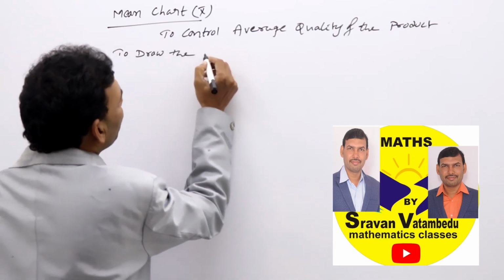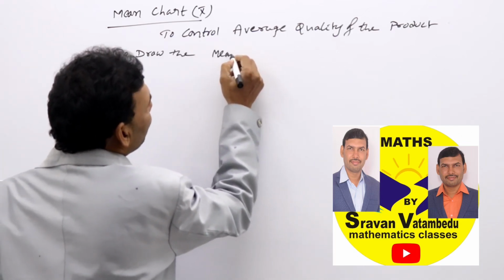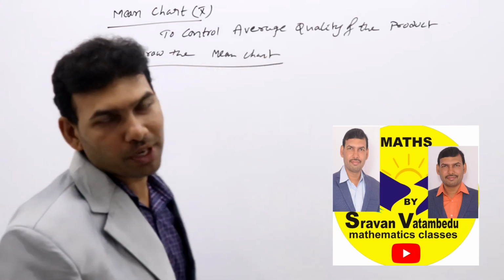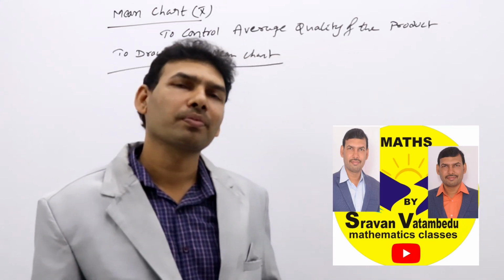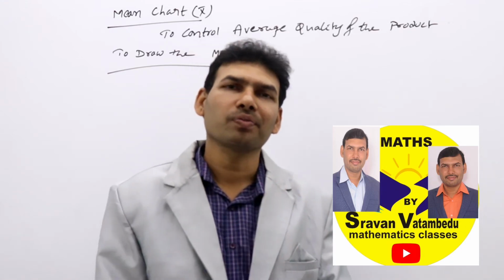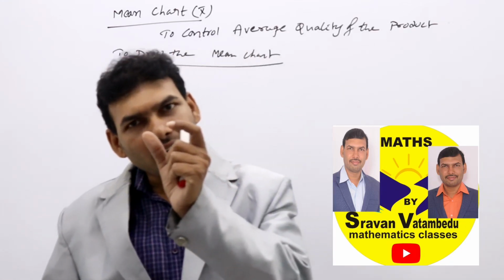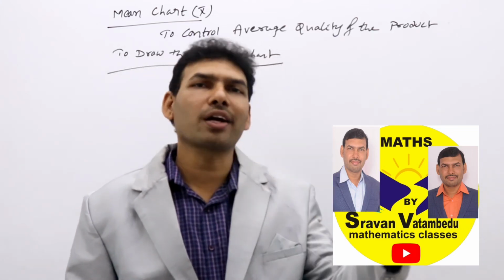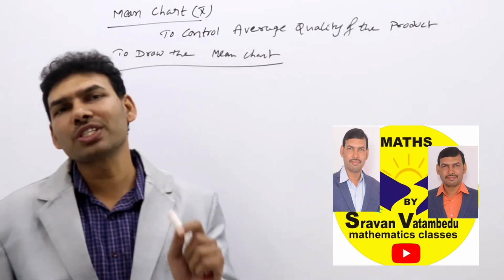How are we going to draw the mean chart? Whenever you want to draw the mean chart, you need to keep 2 points in mind: where to draw the control line, the upper control line, and the lower control line. CL, UCL, LCL.